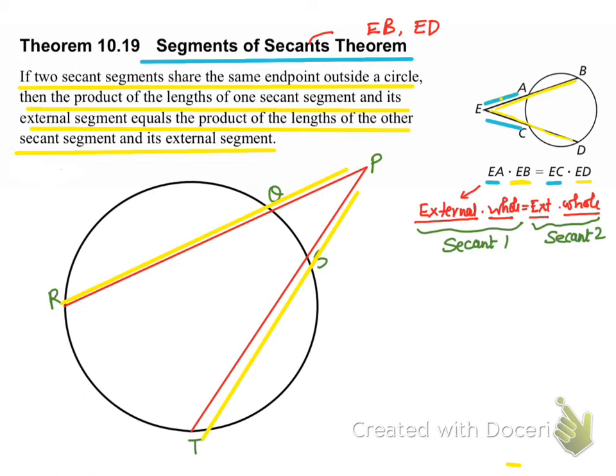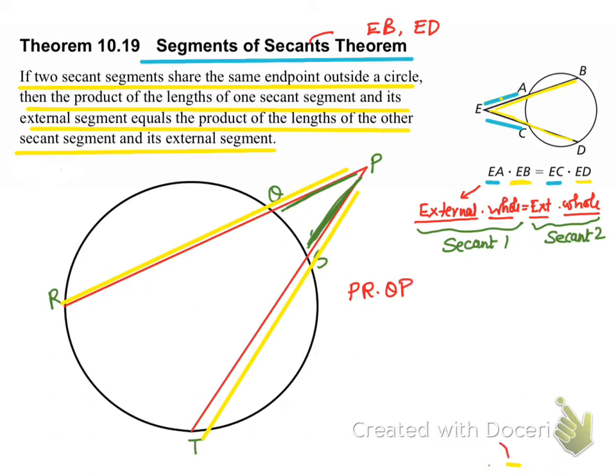This is the external part, and this is the external part. We have to take the whole times external. If we write down the expression, PR is the whole here, and QP is the outside one, this one, QP. Oh, I just wrote QR.